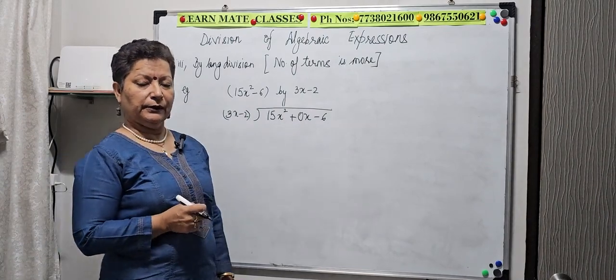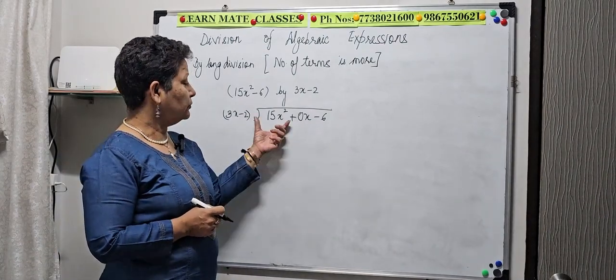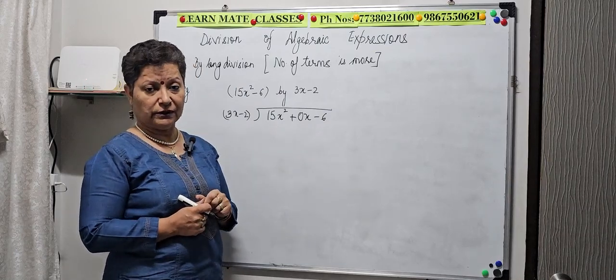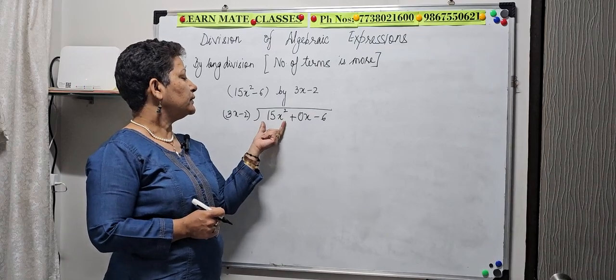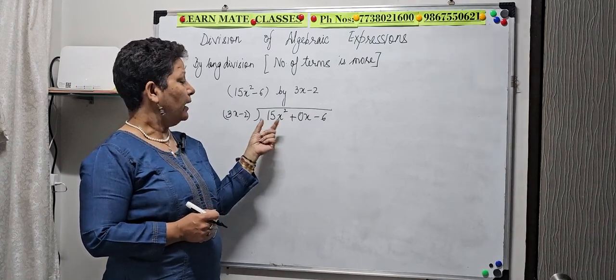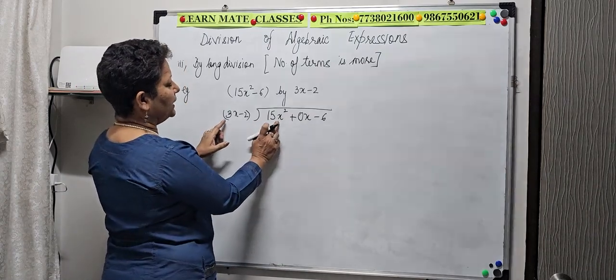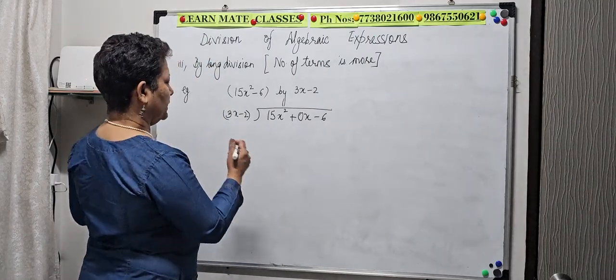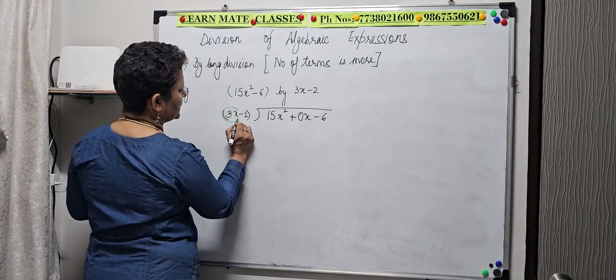When we were doing our regular division, what did we say? That we are going to try and reduce. How are we going to try and reduce in the case of an algebraic expression? So we will reduce the highest order term. How can I get 15x square from 3x? What should I need to multiply with this divisor?